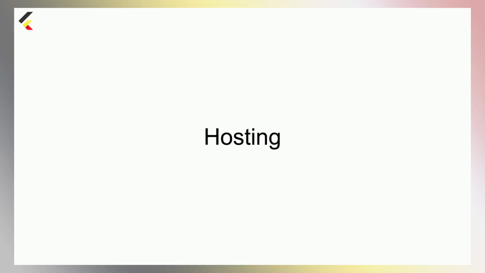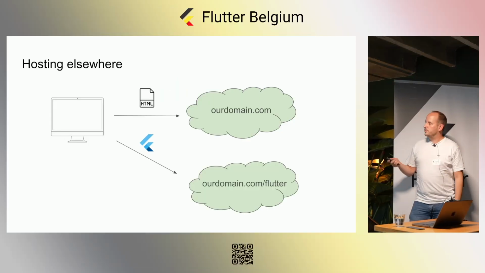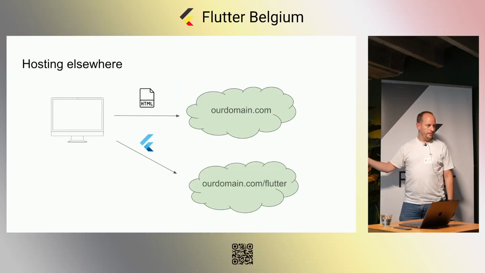Now, there is one thing that I didn't really mention here. I assumed in these examples that both our Flutter code and our HTML code are hosted on the same domain at the exact same location. While in real life, it's probably going to look a little bit more like this, running on a different path or maybe on a completely different domain.